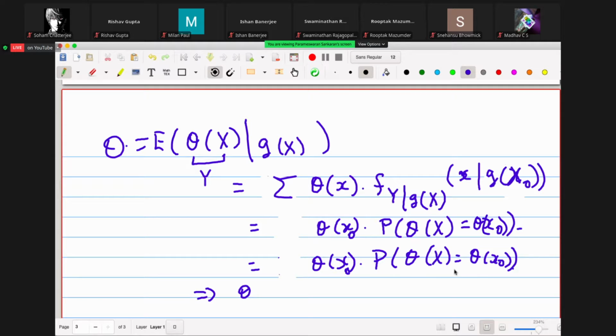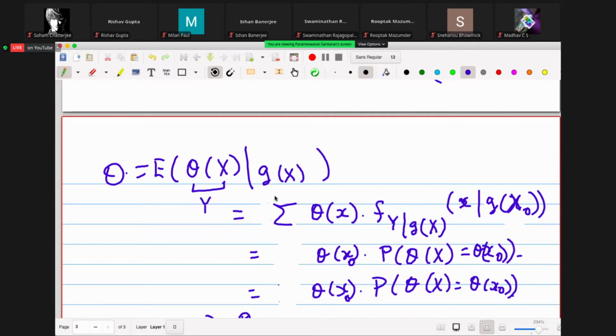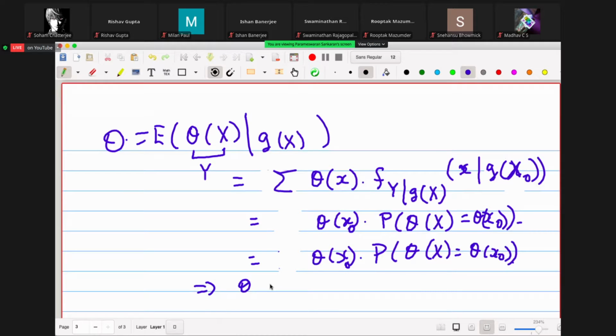You see, this is a discrete random variable, theta of x, and if it takes a certain value, then the probability of that is positive. So this implies that theta of x naught has to be 0.